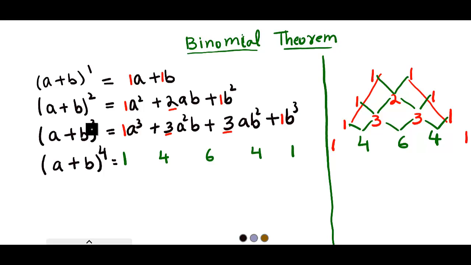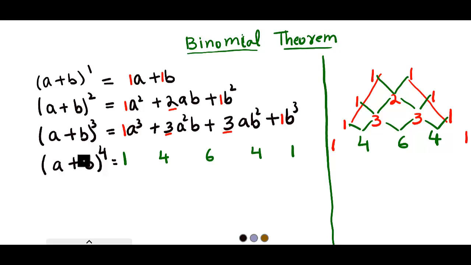And we start with the power of the expansion. In A plus B power 1, we start with A power 1. In the second expansion, it was A plus B power 2, so we start with A power 2. In the third expansion, it was A plus B power 3, so we start with A power 3.